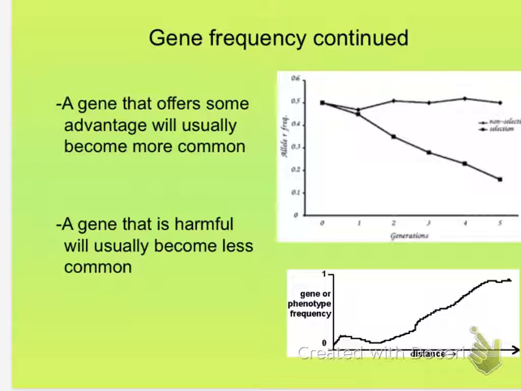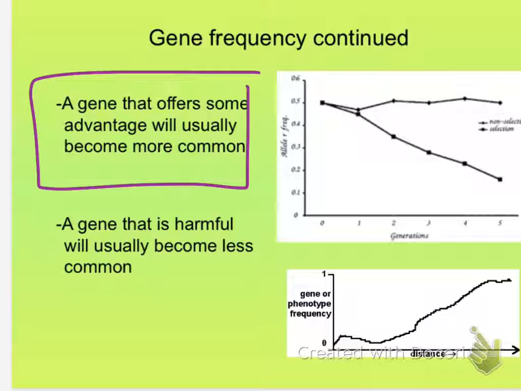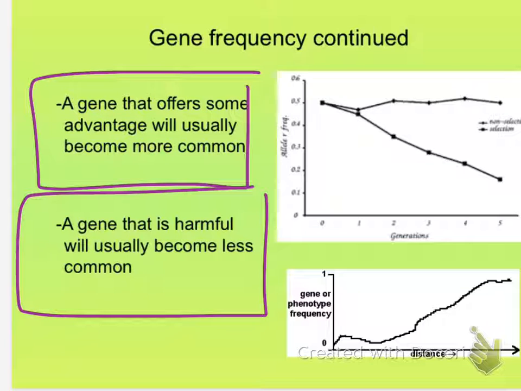This is what we expect to see. If there is some advantage to having a particular gene, it usually gets more common. And if there's something about that gene that ends up being harmful to individuals, it usually gets less common.